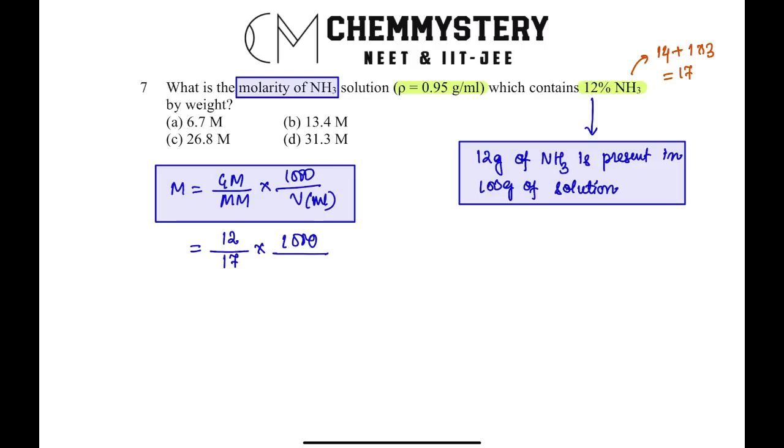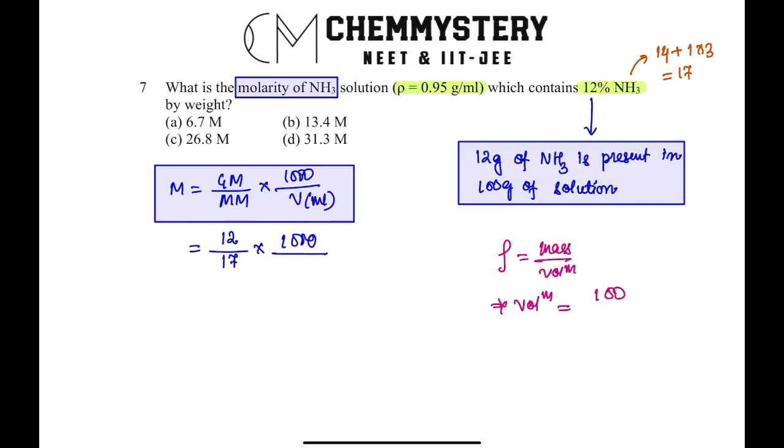We need to find it out. We also know that density is equal to mass per unit volume. Volume is not given to us, so we'll find out volume. Volume is equal to mass divided by density. What is the mass of the solution? 100 gram. What is the density of the solution? 0.95 gram per ml.